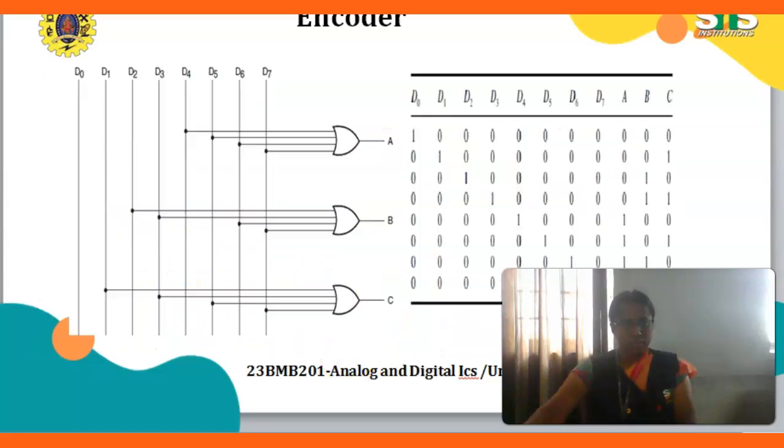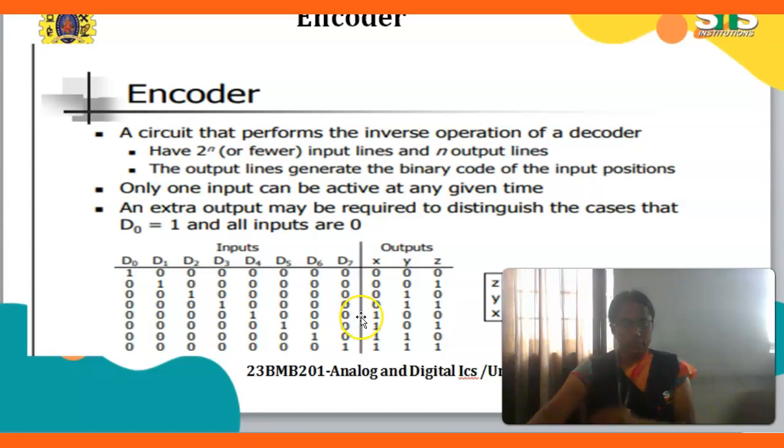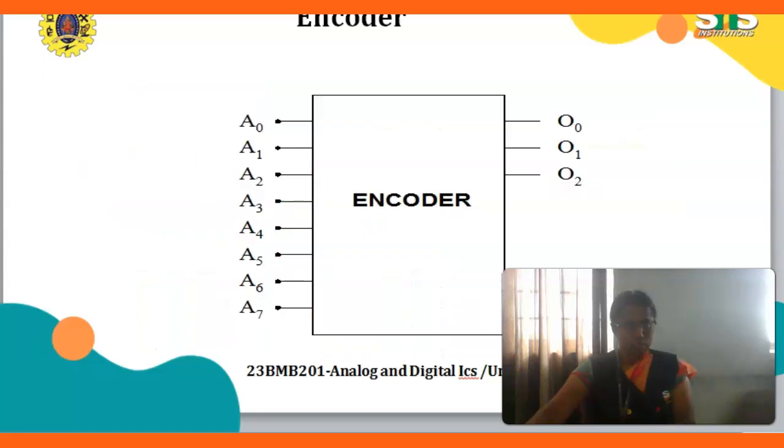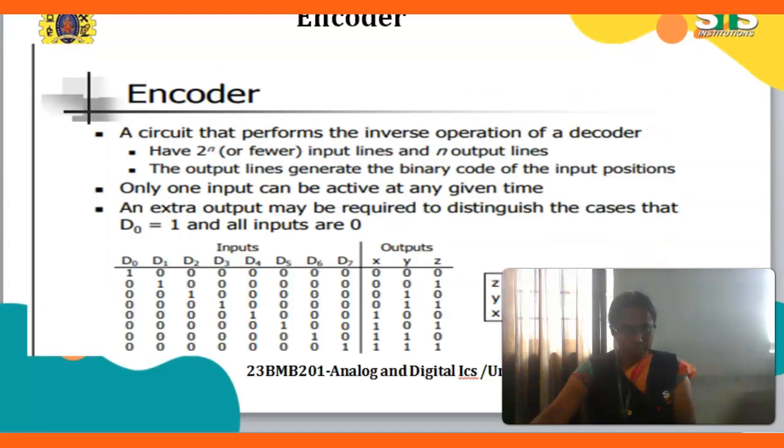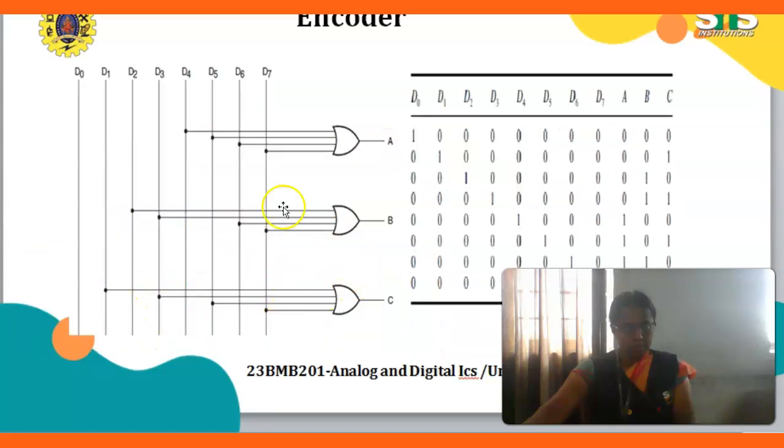The second column represents 2, 3, 6, 7. And the third represents 1, 3, 5, 7.